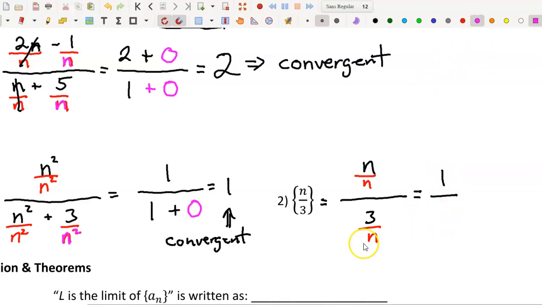All right. So, once you get here, what do you get on the bottom? 3 over n as n gets infinitely big. What does that equal? 0. What's 1 over 0? Yeah, can't do it. So that's how you know if you get this undefined thing going on.